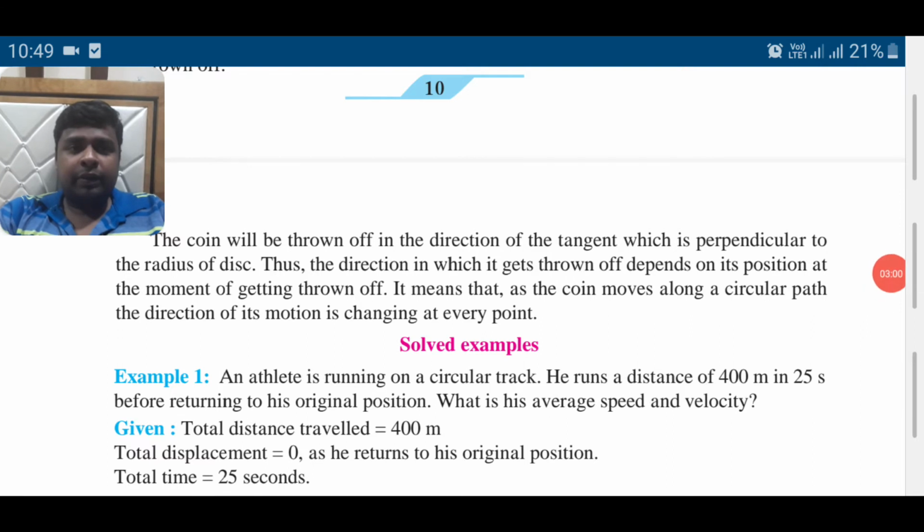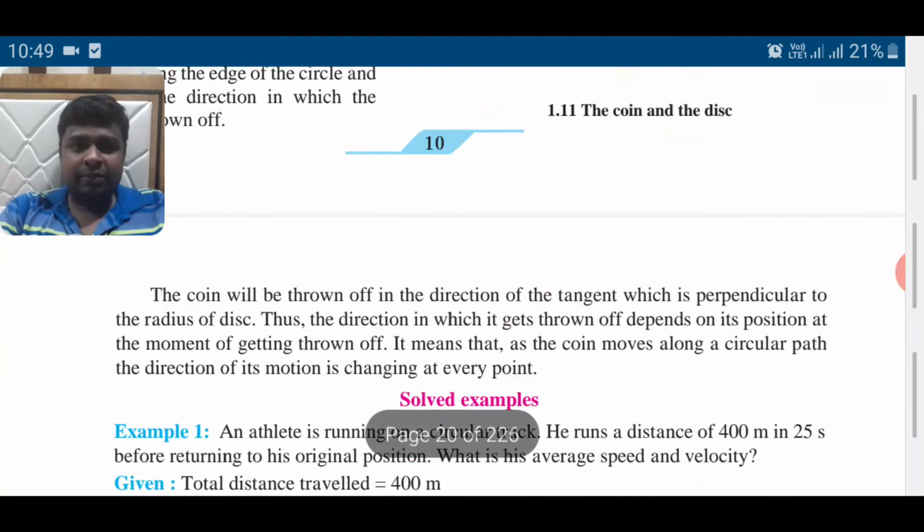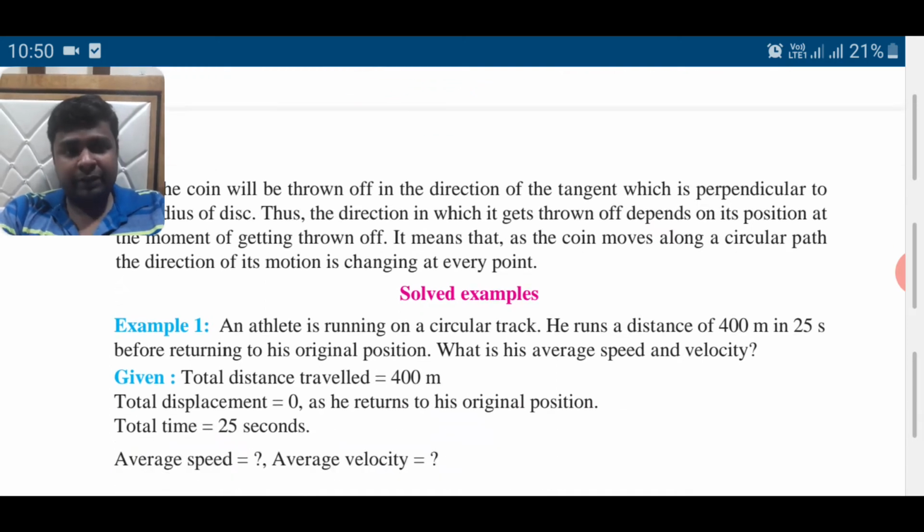If the coin is kept on this rotating disc, it will be thrown off in the tangential direction, which is perpendicular to the radius of the disc. Thus, the direction in which it gets thrown off depends on the position at the moment of getting thrown off. It means the coin moves along a circular path and the direction of motion is changing at every point.